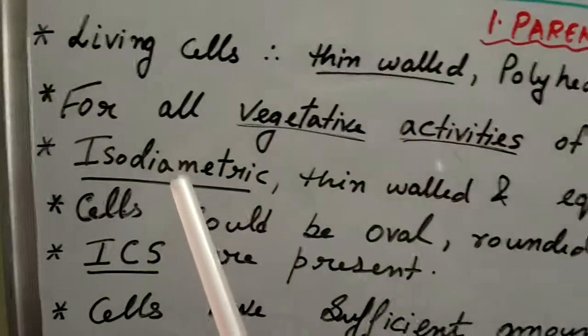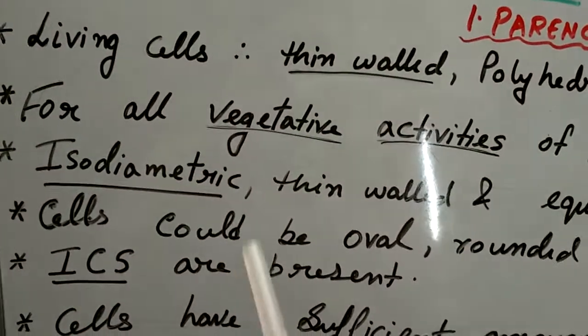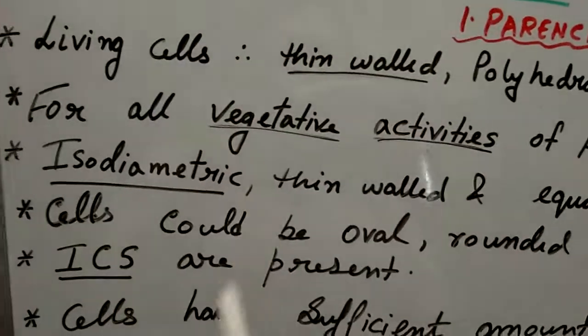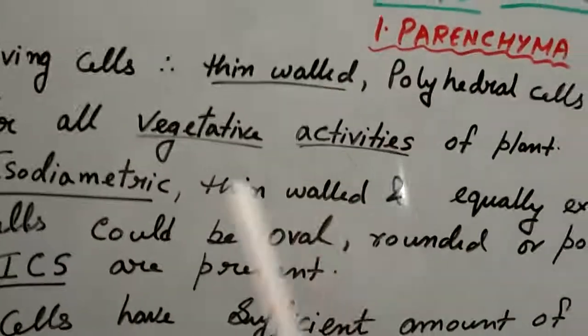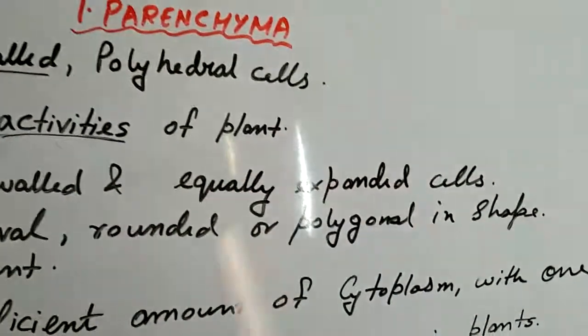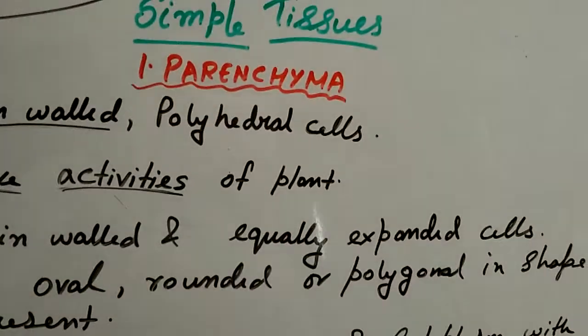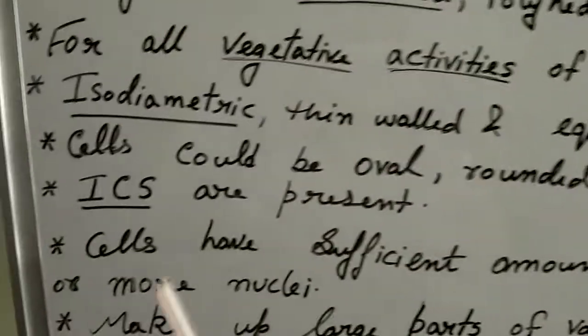So the cells are isodiametric, that is the cells have equal length, equal breadth, height, everything is equal. Also they are thin-walled and equally expanded. Expansion is equal for all the cells representing this parenchyma tissue.